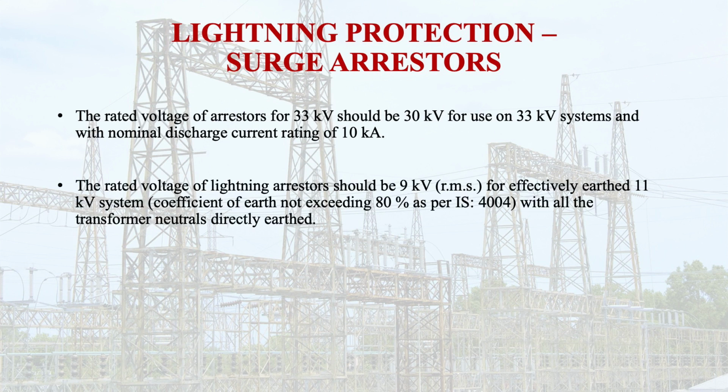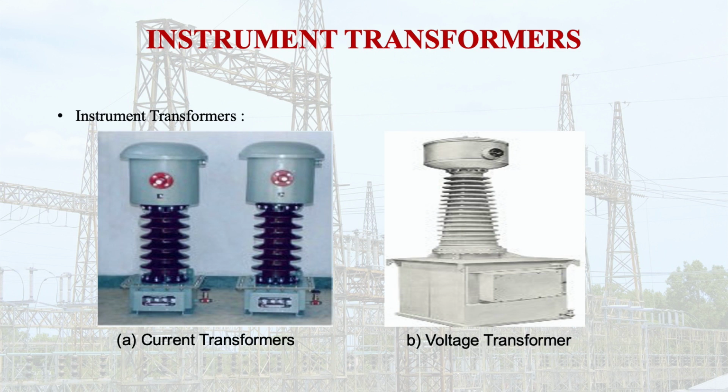The rated voltage of the lightning arrester should be 9 kilovolt RMS for an effectively earthed 11 kV system, with coefficient of earthing not exceeding 80% as per IS 4004, with all the transformer neutrals directly earthed, and the nominal discharge current rating should be 5 kiloampere. These are some figures. They may vary from station to station and with the voltage rating of the substation.